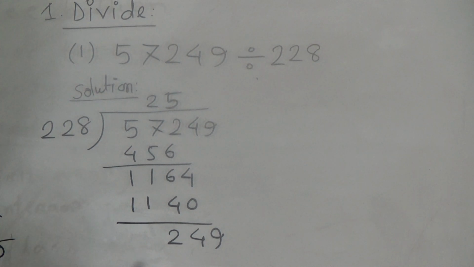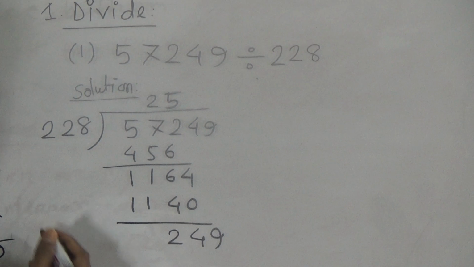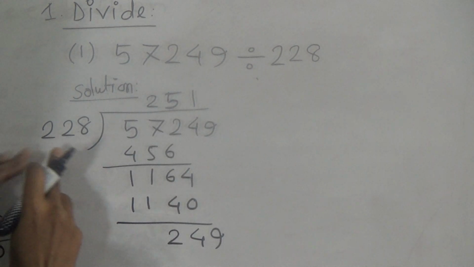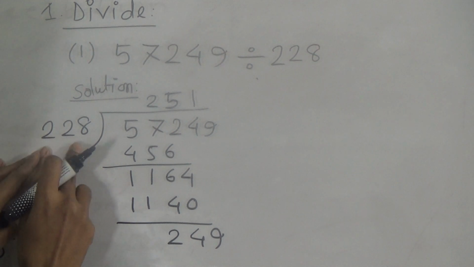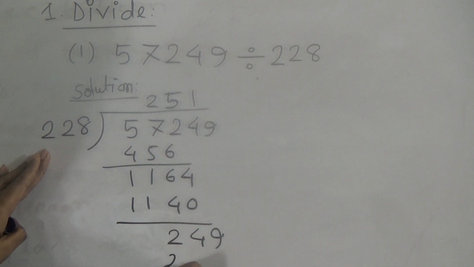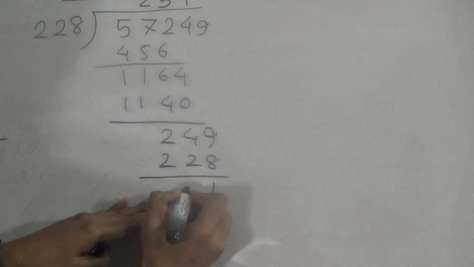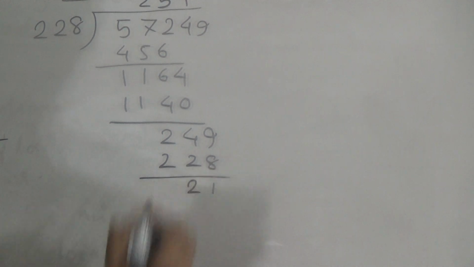Now we have to divide 249 by 228. How? 228 into 1 equal to what? 228. Now subtract, then you get 9 minus 8 equal to 1, 4 minus 2 equal to what? 2.